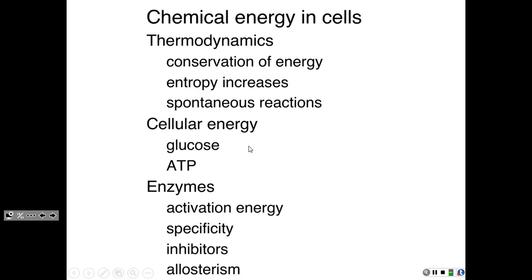It's the amount of energy that you need to increase the temperature of 1 gram or 1 milliliter of water, same thing, 1 degree centigrade. Think about that. 686,000 calories per mole of energy in a glucose molecule.